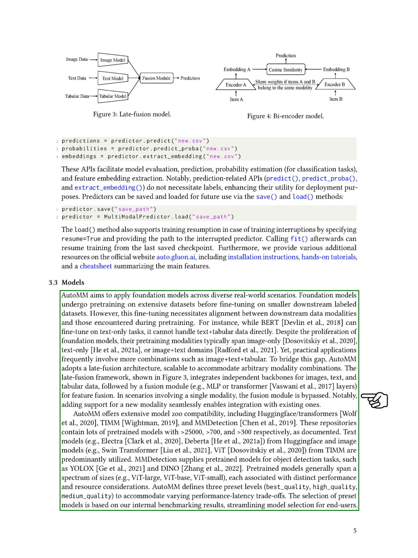AutoMM is compatible with various model repositories like Hugging Face Transformers, TIMM, and MMDetection, which offer a wide range of pre-trained models. These models vary in size and performance, and AutoMM provides preset levels to balance performance and latency.